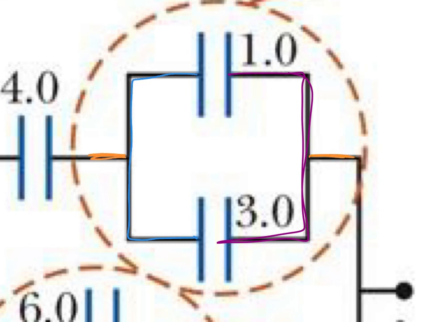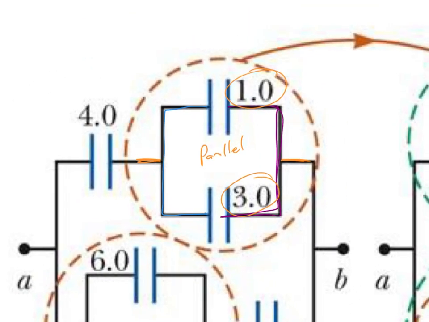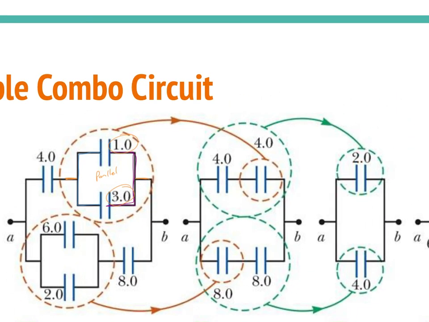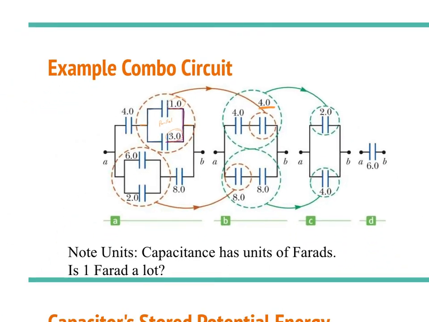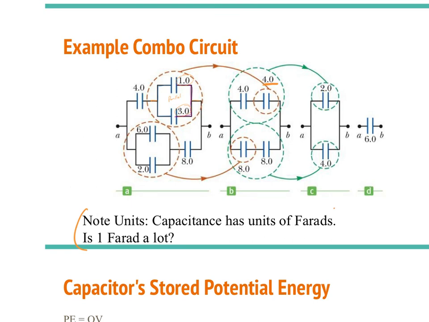Since there's a junction on your common wires, that means this must be parallel. In parallel, we can add the capacitors together directly and get 4 farad. Now 1 farad is a lot of capacity, so 4 farad is a very large capacitor. Usually the capacitors are much smaller than this.